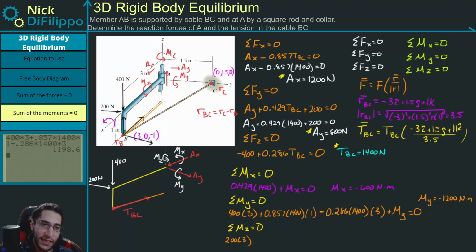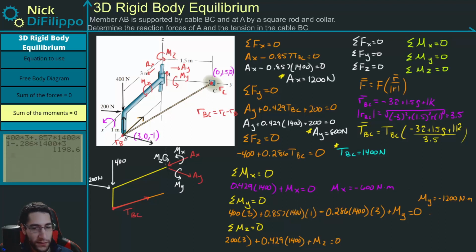Its distance to the z-axis is 3 meters. It's going to be positive, so I'm going to have plus my y force, so 0.429 times 1400 plus the moment about z is equal to 0.